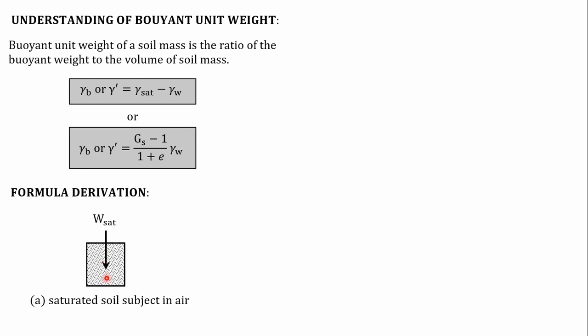We assume it is saturated since it is submerged. It cannot be dry or moist once submerged; it is really saturated. So we assume a saturated soil subject to air.